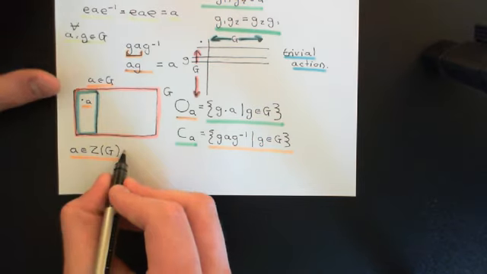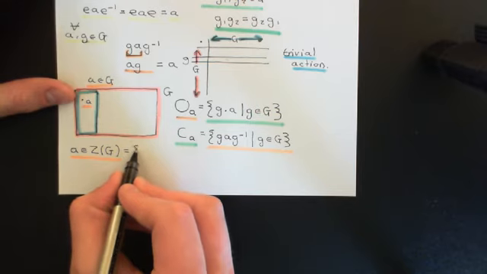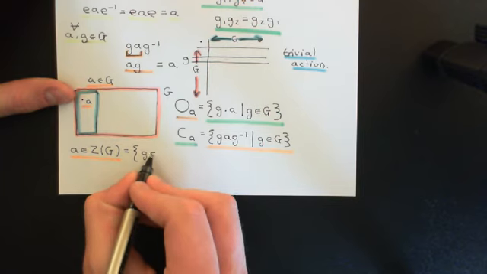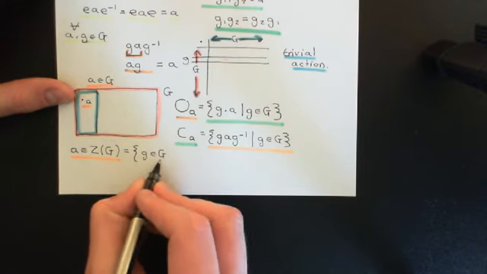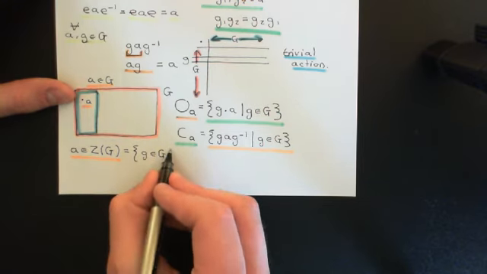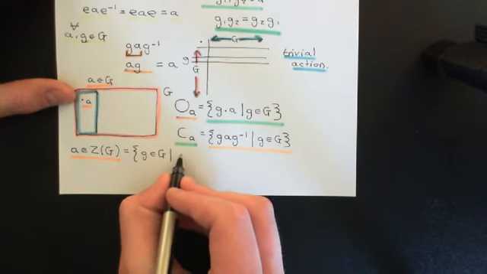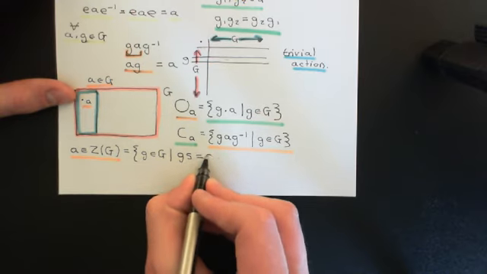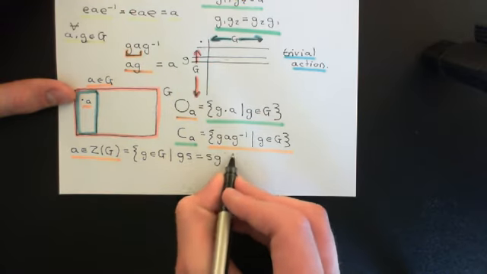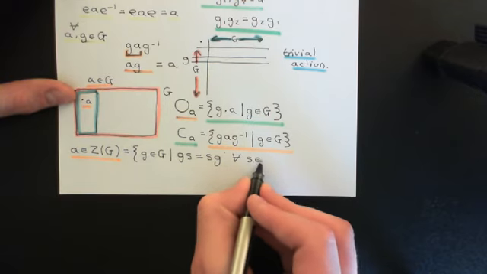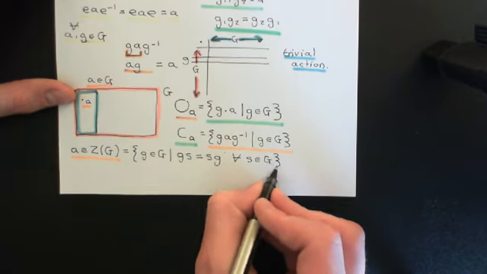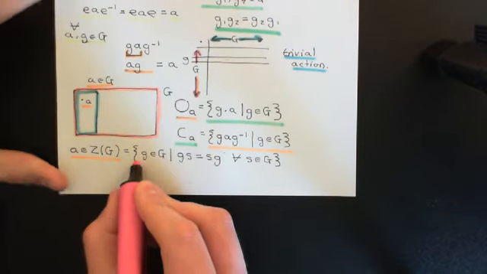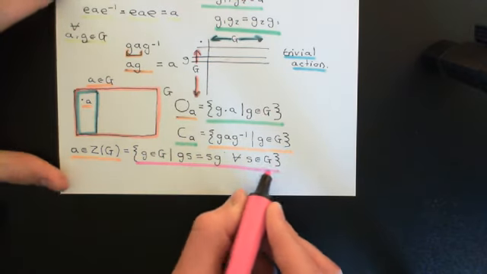Okay, and the definition of the centre of the group is that it's a subset of the elements of the group capital G, and it's in particular the elements of the group capital G which satisfy certain conditions. So it's all the elements g of the group capital G which satisfy this special condition, which is that g composed with little s is equal to s composed with little g for absolutely all little s that are elements of the group capital G. So basically, the condition to be an element of the centre of a group is that you must commute with absolutely all the other elements of the group.